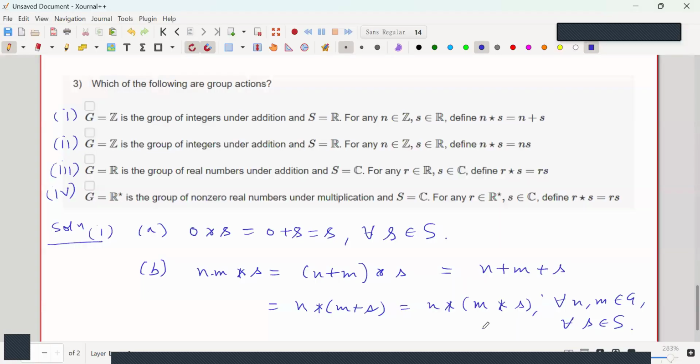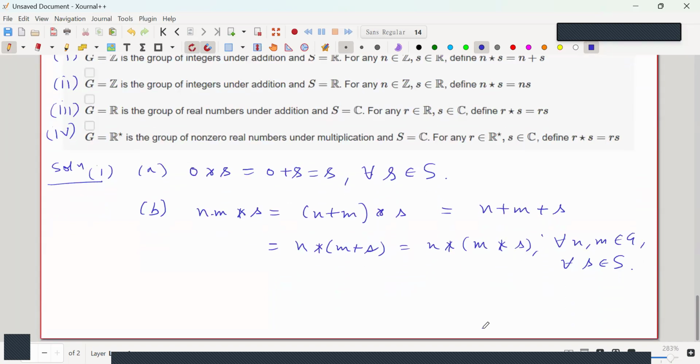Just give me a minute. Just a second. Right. Okay. Sir, the screen is visible now. It wasn't visible for some time, but it's visible.